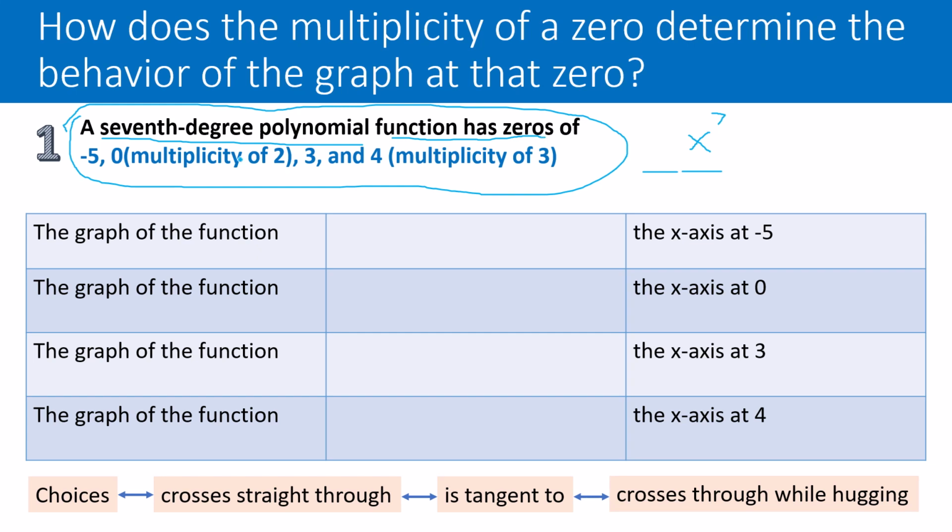We have a 0 of -5. Okay, so let me write that down. That would be x. If we write down x equals -5, that would be where it touches or crosses the graph.